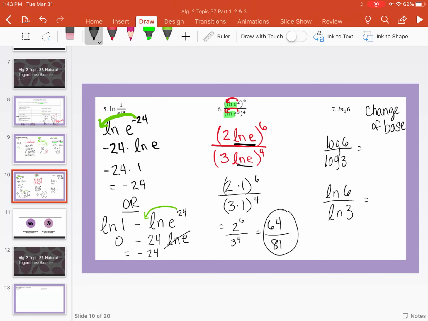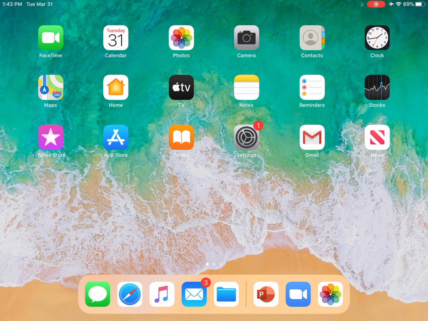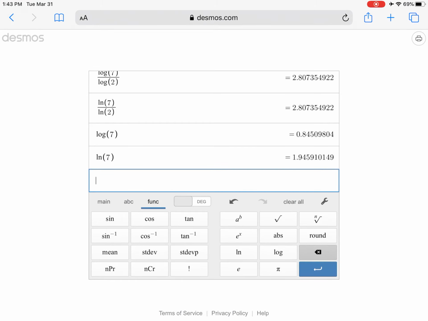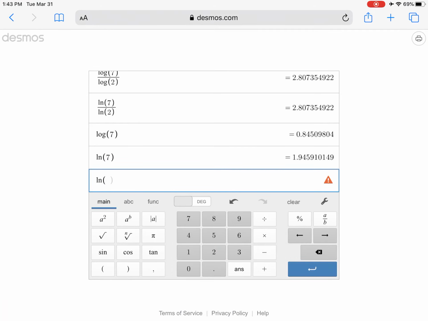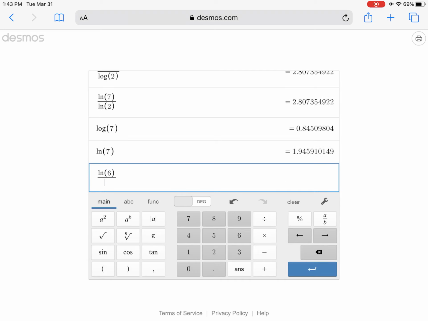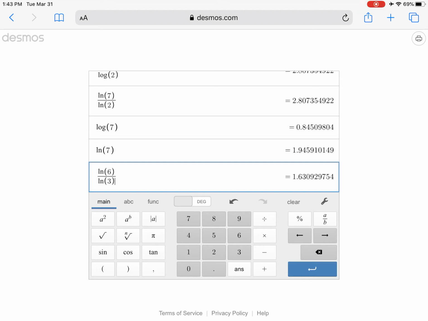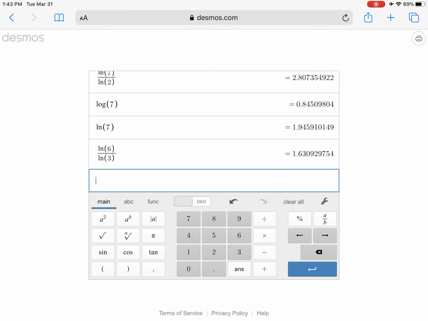Whatever floats your boat. So if we evaluate that, let's deal with ln. So we have ln of 6 divided by ln of 3. We get 1.631 if we round it to the nearest thousandth.